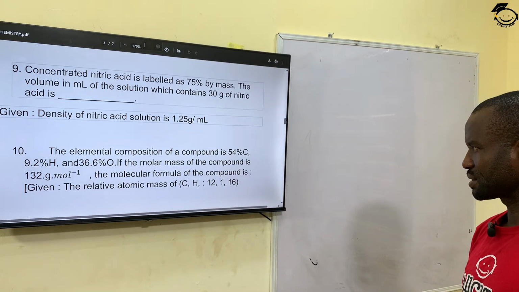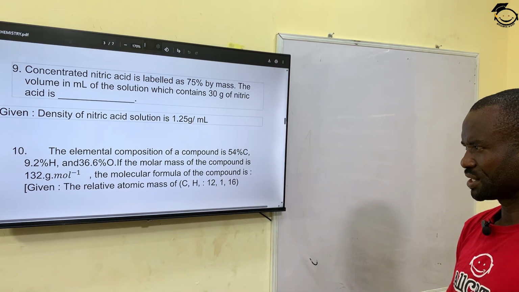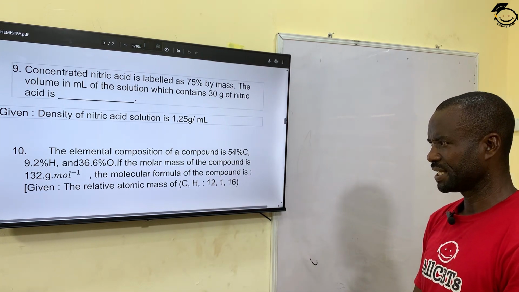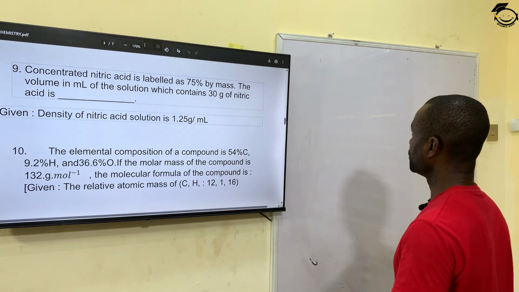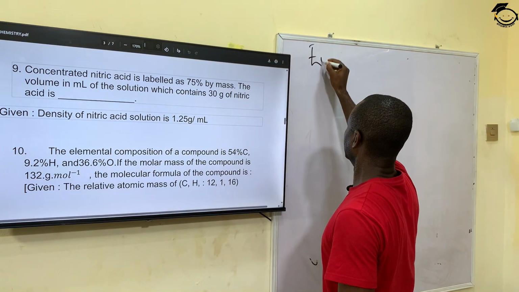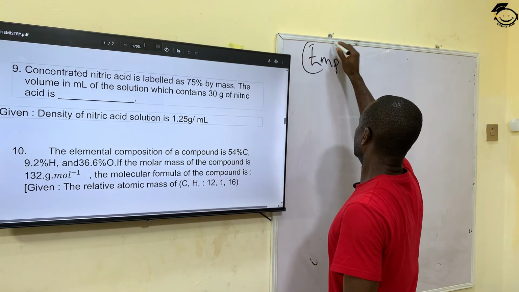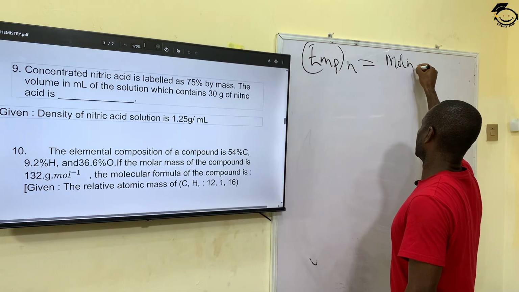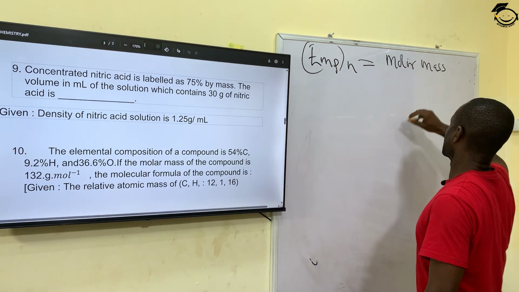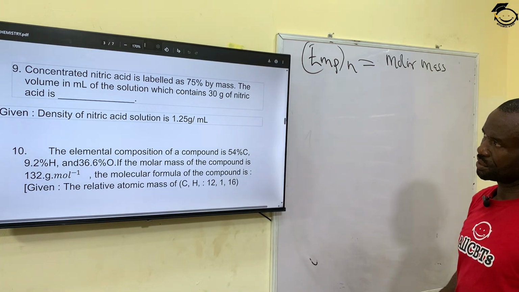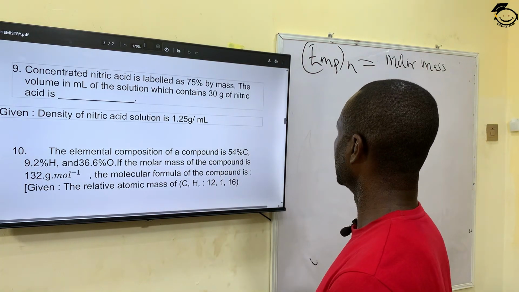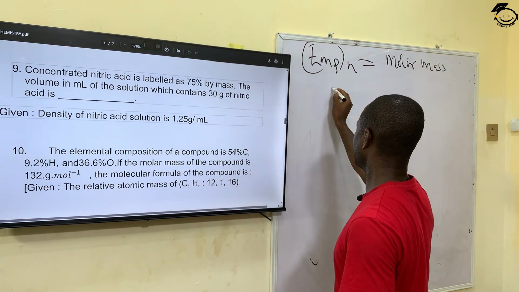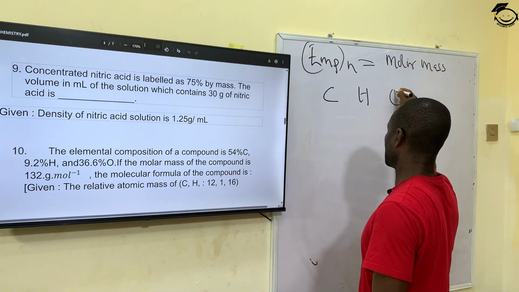If the molar mass of the compound is 132 grams per mole, the molecular formula of the compound is given as, mind you, empirical formula multiplied by N gives us the molar mass, which is equivalent to the molecular formula. So in this case, we have to first of all determine the empirical formula of the elements present. We have carbon, hydrogen, and oxygen.